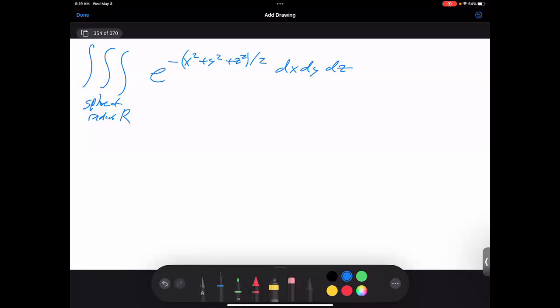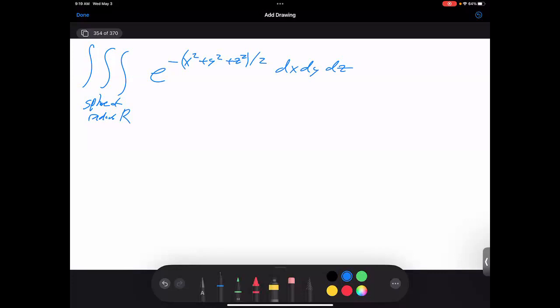So any thoughts about how we should do this integral? Do we want to integrate this in Cartesian? Let's just see how bad it would be to set this up in Cartesian.